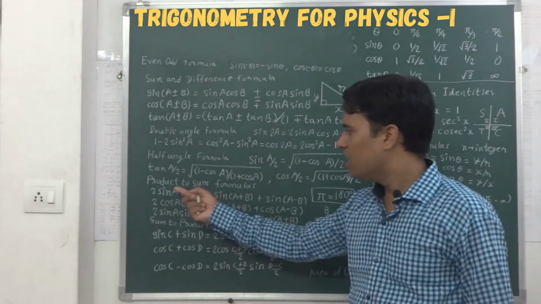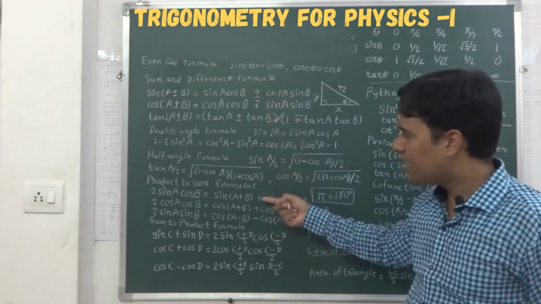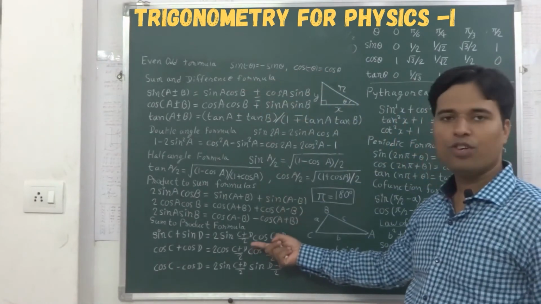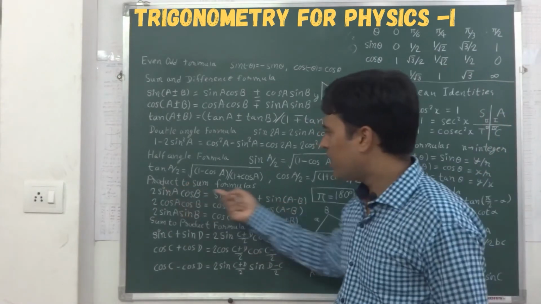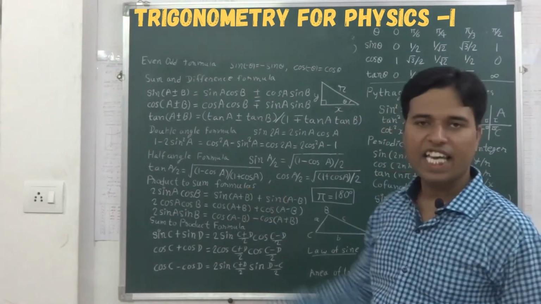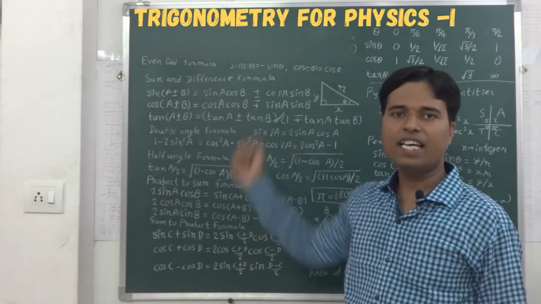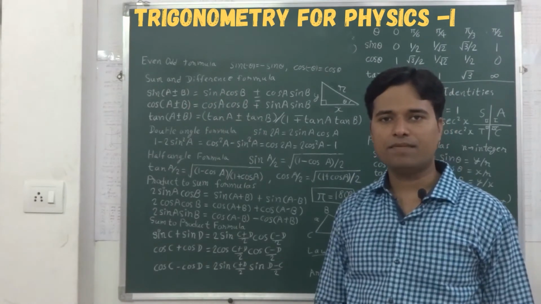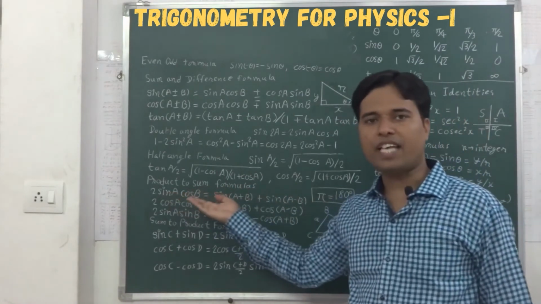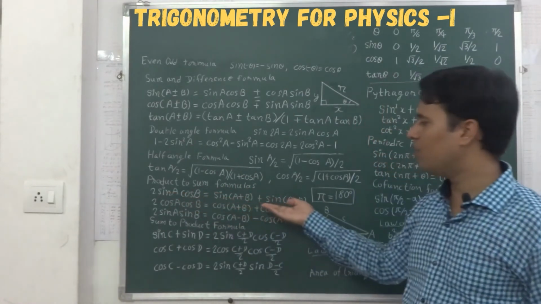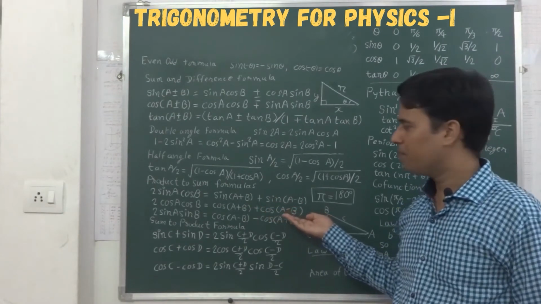Dear students, using these above formulas, you can get these formulas also. You have learnt them in your previous classes. Product to sum formula. If you write here the two formulas for sine of a plus b and sine of a minus b, add them and you can get that 2 sine a cos b is equal to sine of a plus b plus sine of a minus b.